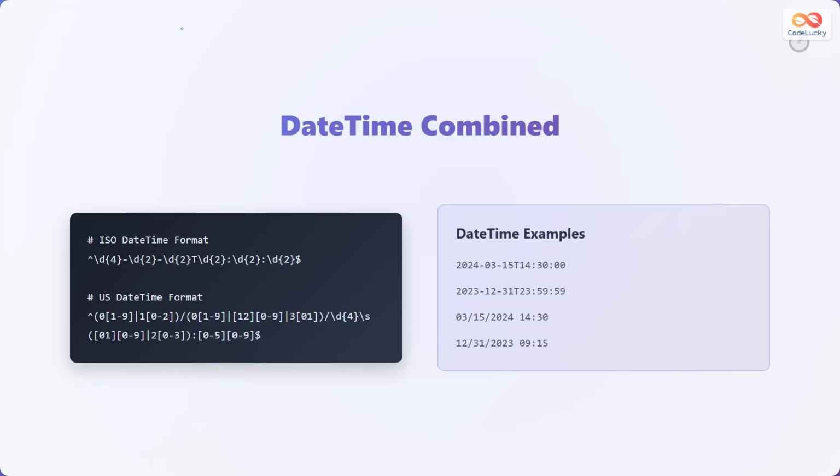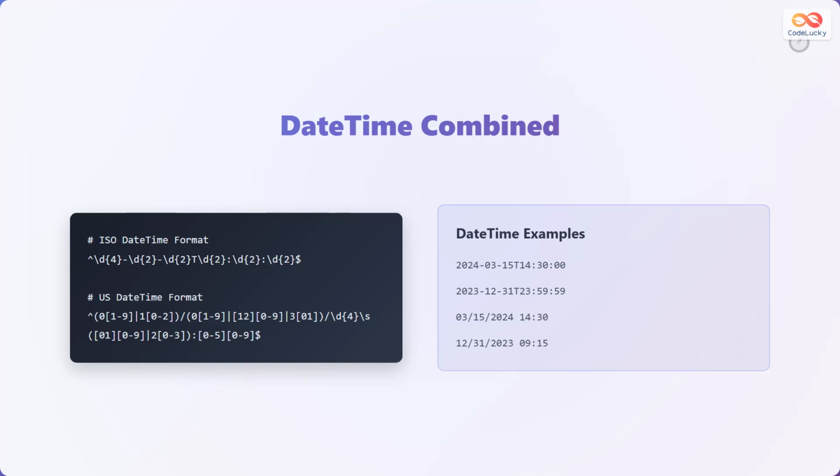The second RegEx is for the United States DateTime format. It starts with a month between 01 and 12, then a /, then a day between 01 and 31, another /, then a 4-digit year, followed by a space, then hours between 00 and 23, a colon, and minutes between 00 and 59. On the right are some examples.